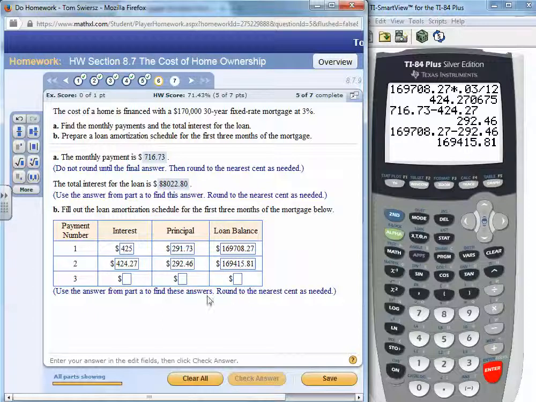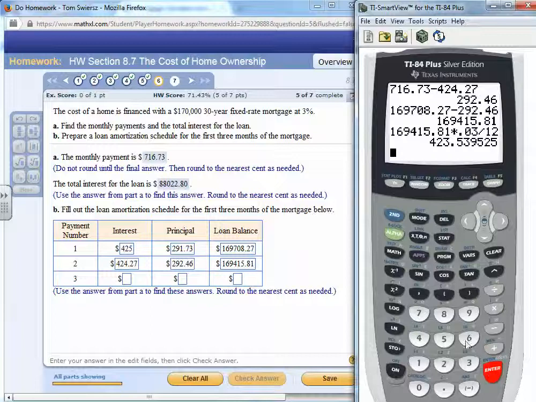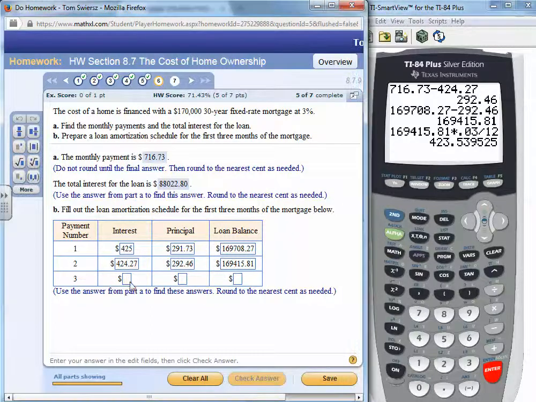169,415.81. And now the new interest is going to be based on the new loan balance, 169,415.81, times the rate, 0.03, divided by 12. And now the interest is down to $423.54.